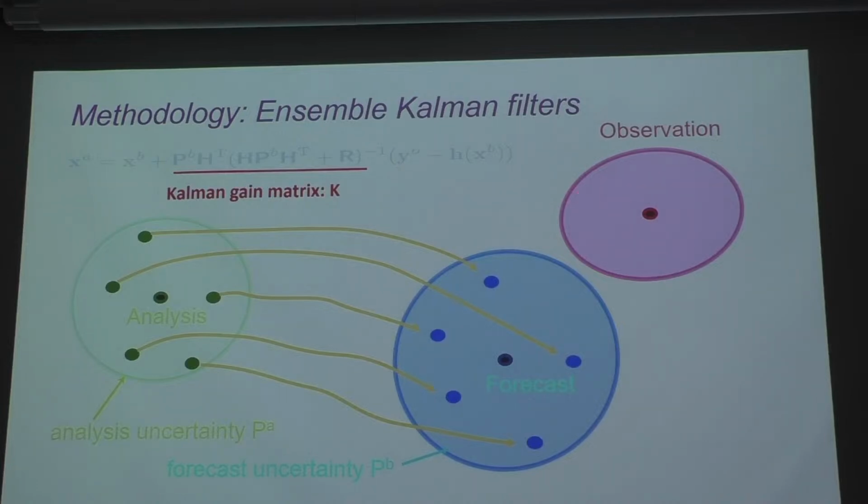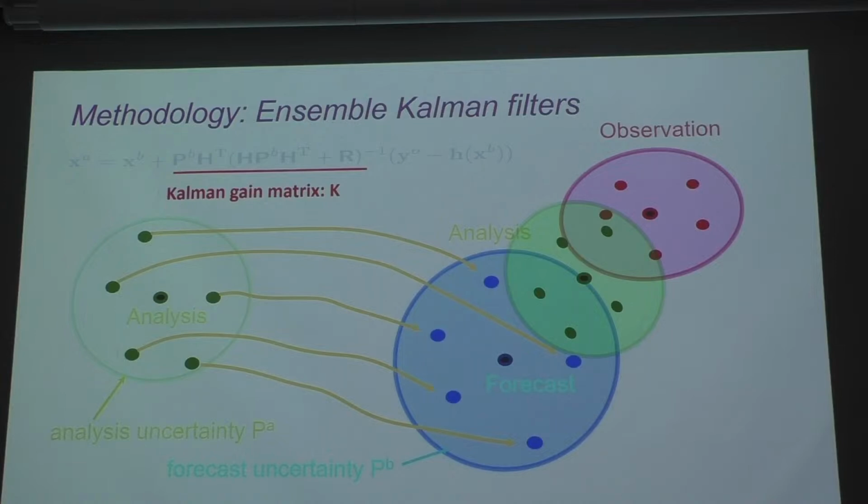But keep in mind that all the observations also have some uncertainties. So how to do the linear interpolation between observation and the forecast, or what we call background information, and then form the new analysis? In general, this is the idea of data assimilation.